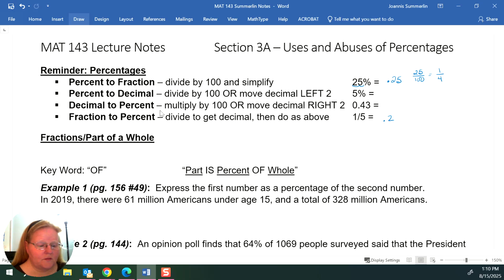If you want a decimal to a percent, you have to know that you move it to the right 2 places to get the 43, and then you put the percent sign. If you want to move a percent to a decimal, you have to know that you go 2 places to the left and you get 0.05.